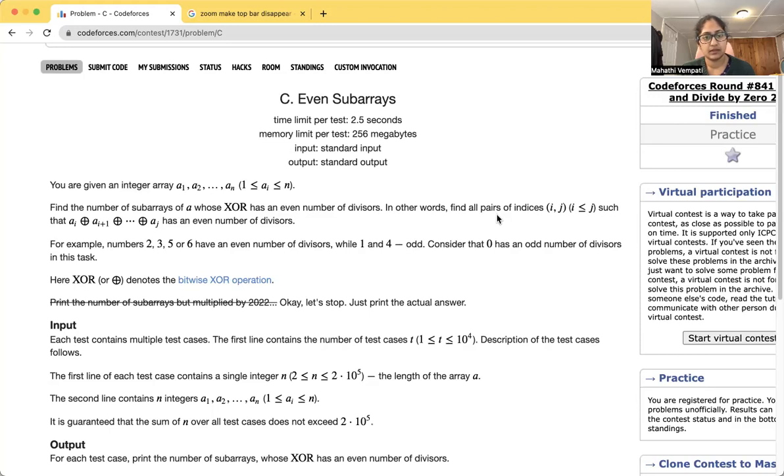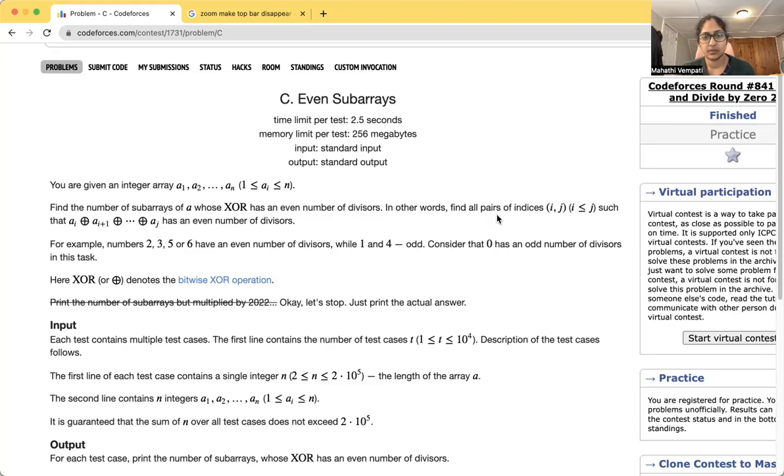I mean, one thing is clear, like all squares have an odd number of divisors. And non-squares have an even number of divisors, right?